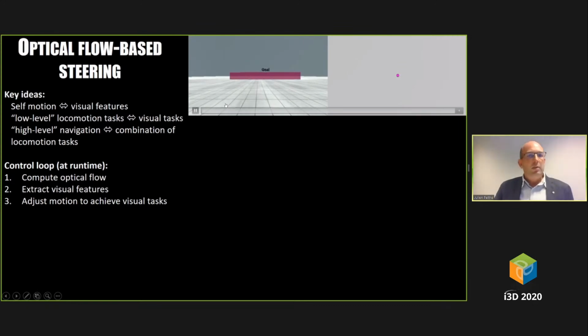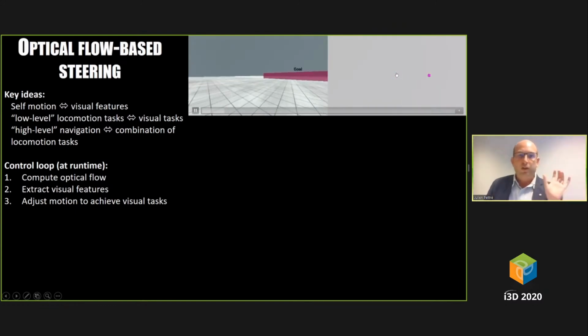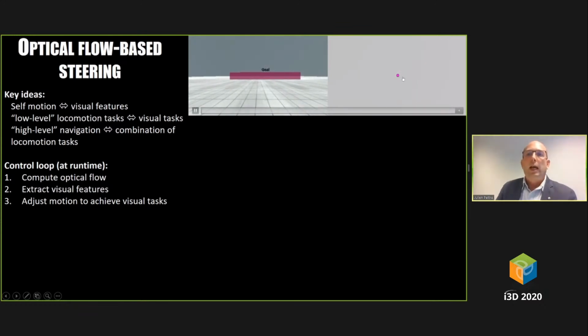An example, the simplest one, is goal reaching. So if we ask an agent to reach this purple area here, what we can extract is a barycenter of this purple area from the image. And the visual task for reaching the goal will be to get this barycenter in the middle of the virtual retina.